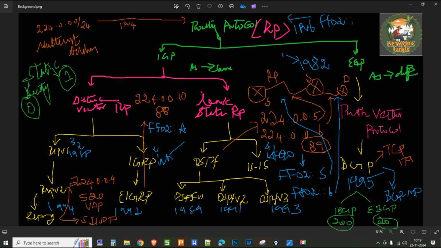Next, OSPF. 110 is used for OSPF protocols. Then IS-IS has the AD value 115. Then RIP uses the AD value 120. Next, the Enhanced Interior Gateway Routing Protocol has internal and external.